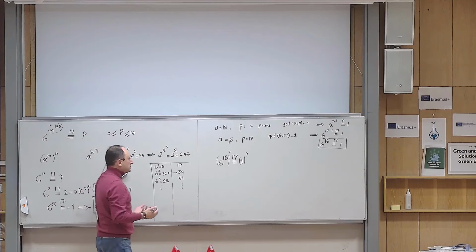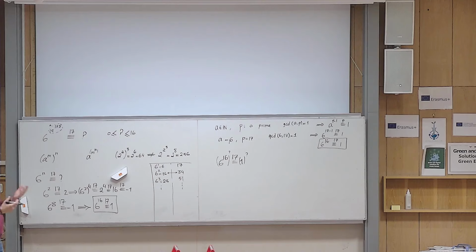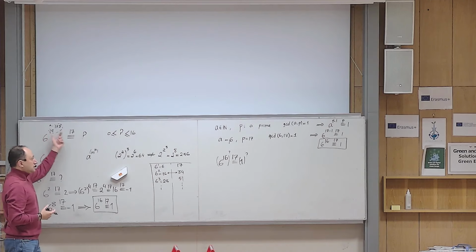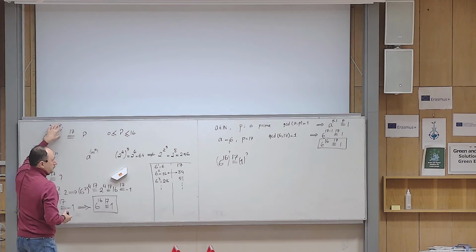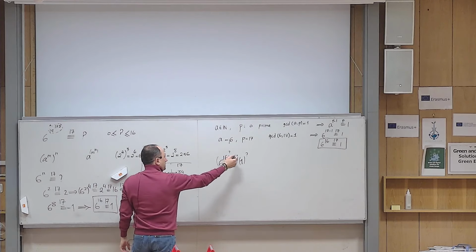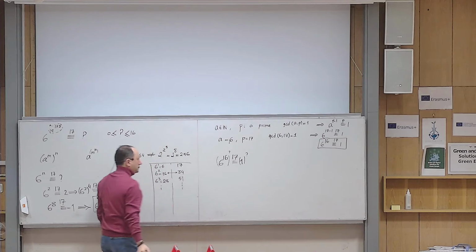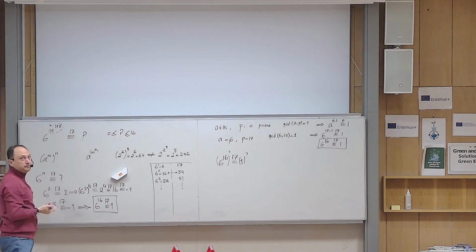But the problem is that because this number itself is so huge, I don't have any clue how big the number is, so I don't know how many multiples of 16 I can fit here.